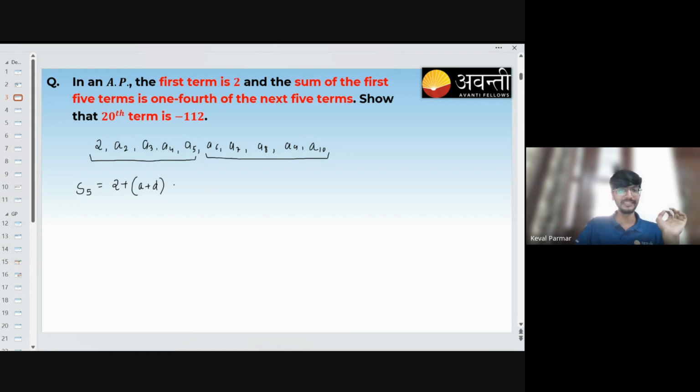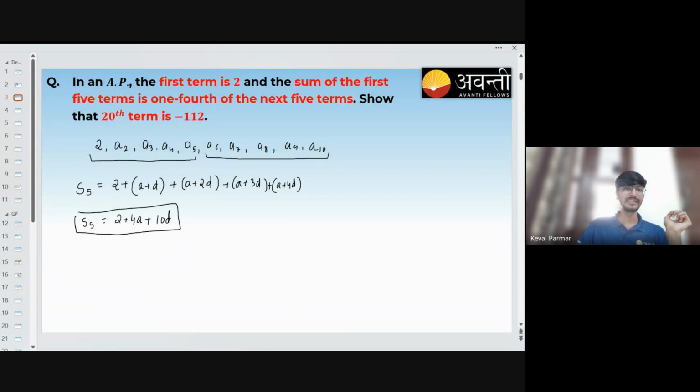So similarly, the third term I can write as A plus 2D, the fourth term as A plus 3D, and lastly the fifth term as A plus 4D. So what is the sum? How many times is A there? 1, 2, 3, 4. So I'll get 2 plus 4A, plus D, how many times? 4, 5, 6, 7, 8, 9, 10. So plus 10D. This is the sum of the first 5 terms.